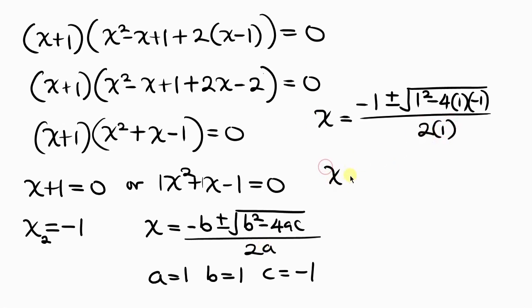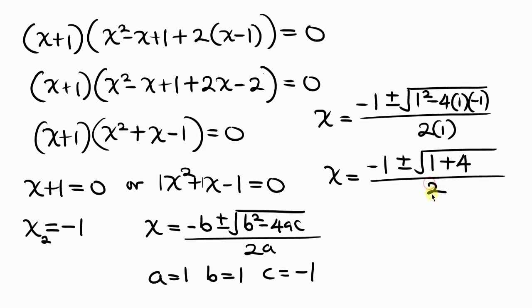So x now becomes negative 1 plus or minus the square root of 1 squared is 1, and negative 4 times 1 times negative 1 gives plus 4, all over 2 times 1 is 2. So making x to be negative 1 plus or minus the square root of 1 plus 4 is 5, all over 2. So there are actually two values of x from here.